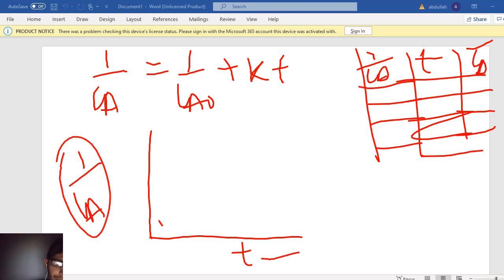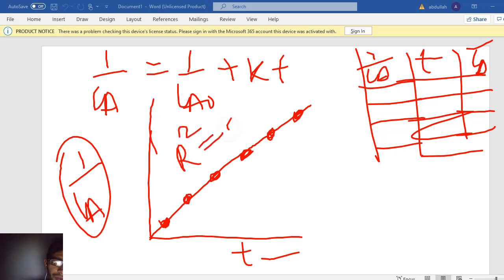Suppose in this case these were our experimental points. We pass a straight line through these experimental points, and the regression coefficient in this case was 0.999.